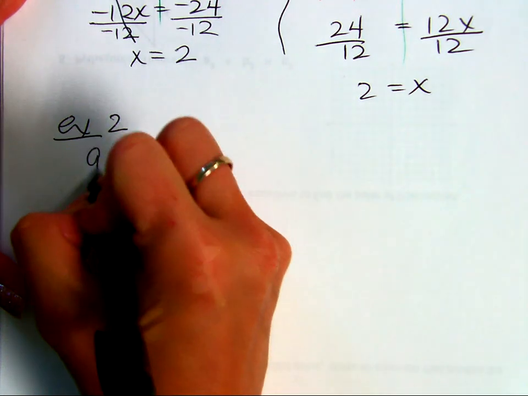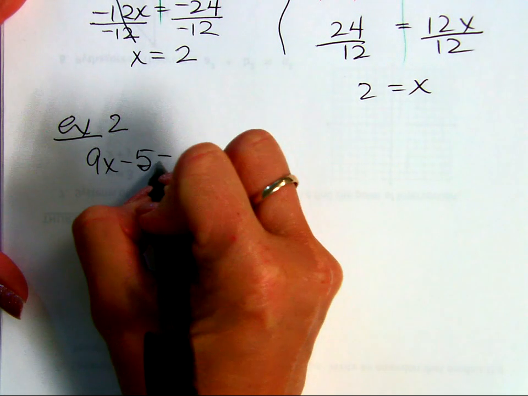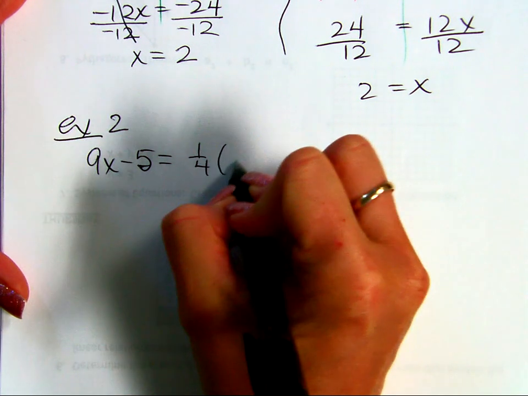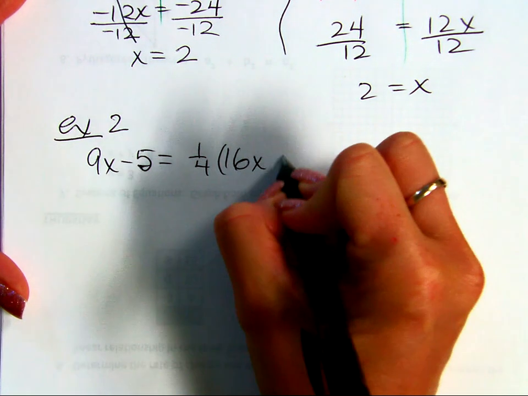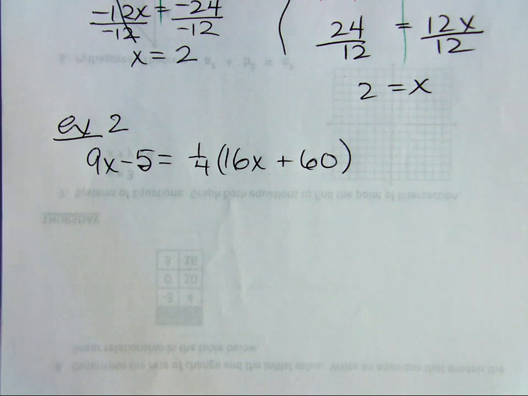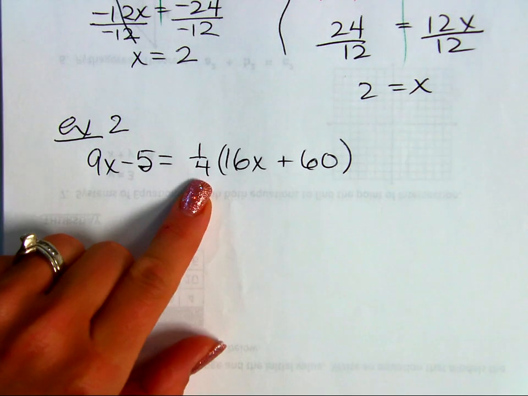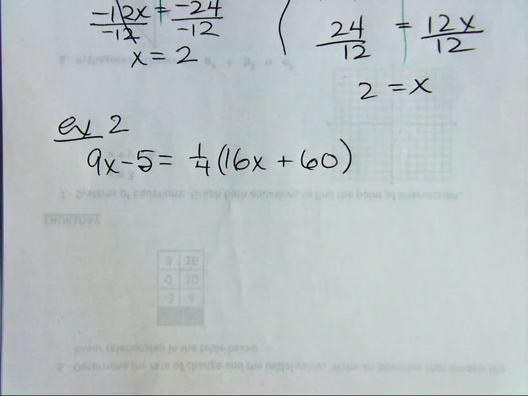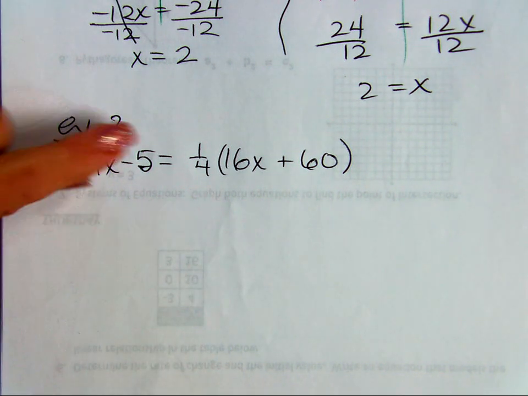Example 2 says 9x minus 5 equals 1/4 times 16x plus 60. Now, I know what you're thinking. I just showed you the super cool way yesterday to cancel out having to distribute a fraction, right? Yeah, but that fraction yesterday was like 2/3.